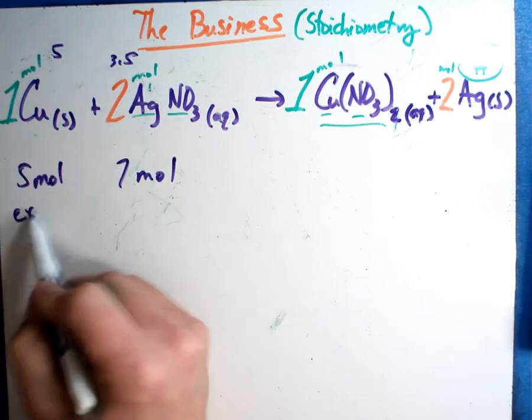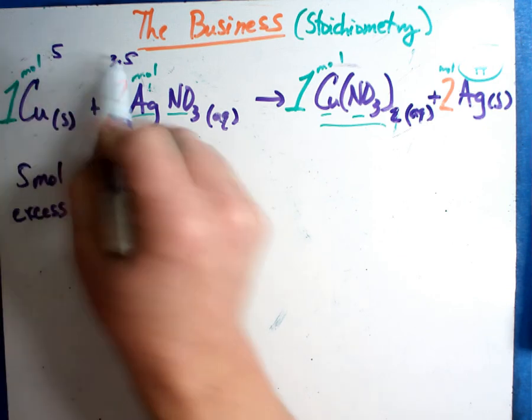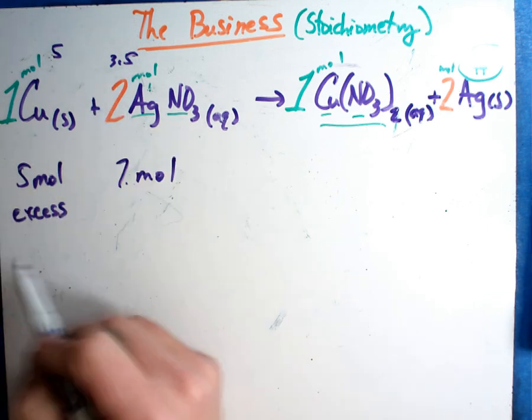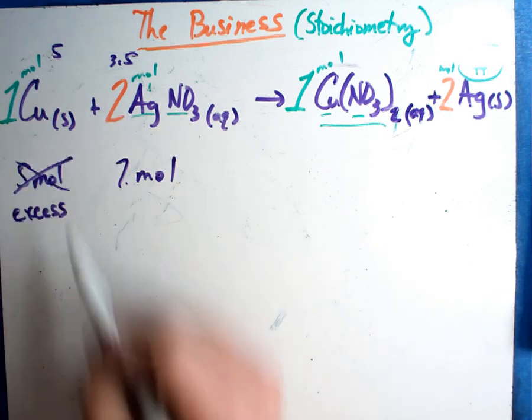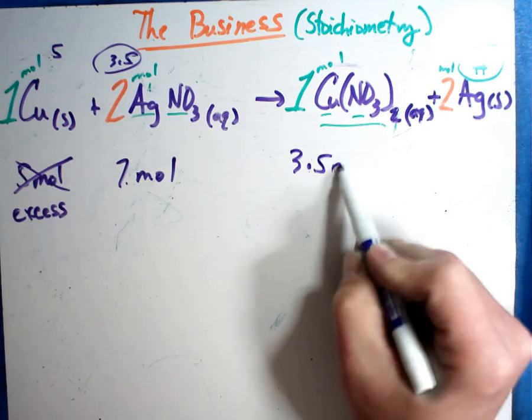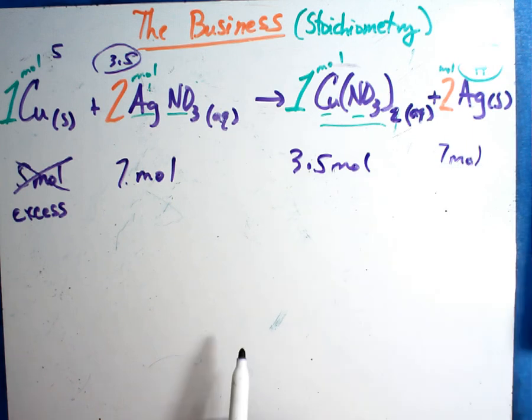This is my excess this time. So it's not always the biggest number. You have to look at the change numbers. This is my excess. So I would use that 3.5 times 1. This would be 3.5 I could make of this. And that would be 7 moles, and I could calculate everything. And that's how you work that.